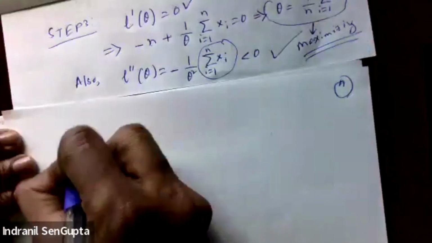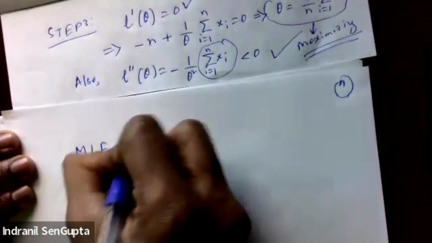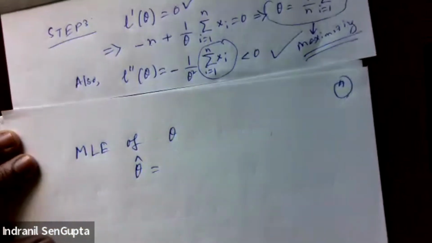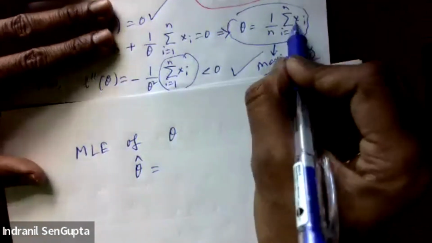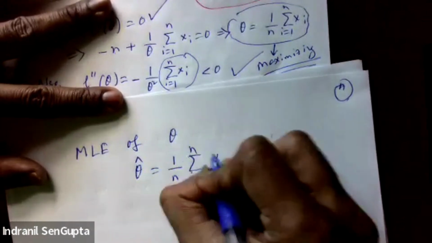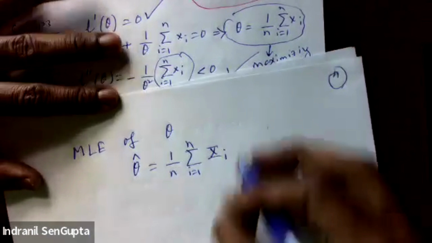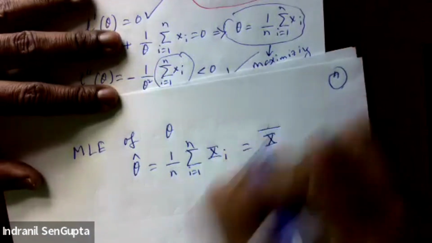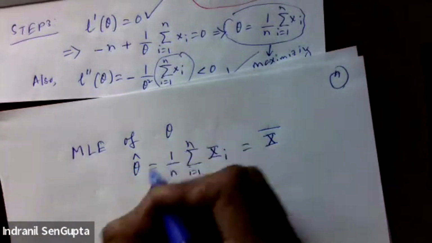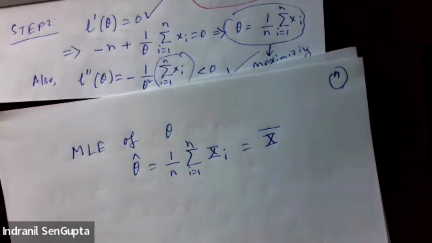Remember that the MLE of theta is an estimator, so I have to write this in terms of a statistic. I have to write the little x's as big X's. So it's 1 over n, sum from i equals 1 to n of X_i. When you write this, you realize that this is nothing but X bar, the sample mean. So the maximum likelihood estimator of theta is X bar, the sample mean. Good.